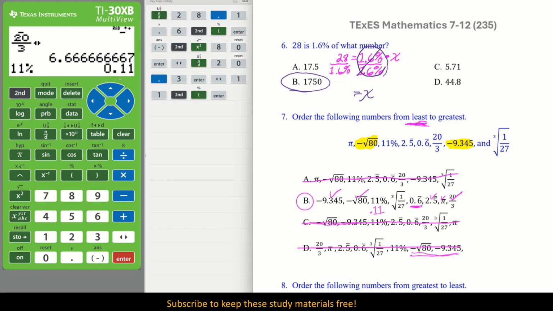But is this unusual looking cube root fraction going to be between those two? Well, let's see if it is. It gives us an option to see how to use our cube root, our root symbol, which is above the caret up button.